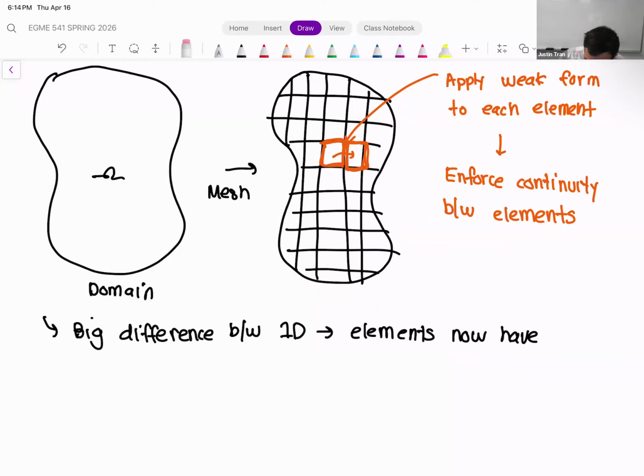Not really complex. There's nothing really complex about a triangle. Now we have different options.